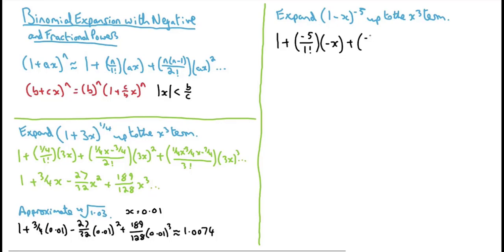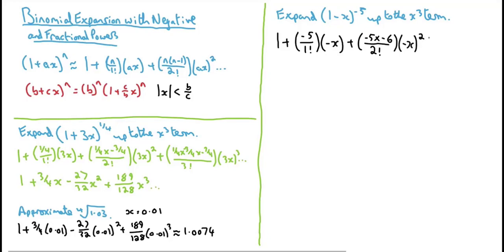Next, we'll then add the minus 5, that's then times by, in this case, minus 6, because minus 6 is 1 less than the minus 5, the original power. That will then be put over your 2 factorial. You times that by minus x squared. For our final term, because we're only going up to x cubed, we have minus 5 times minus 6, now times minus 7, because again that's 1 less, over 3 factorial, and times that by minus x cubed.